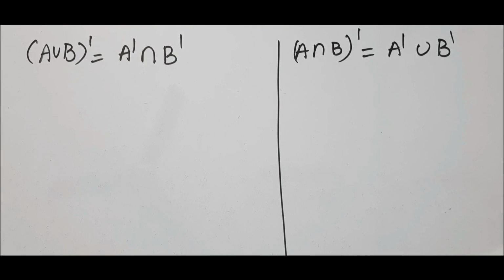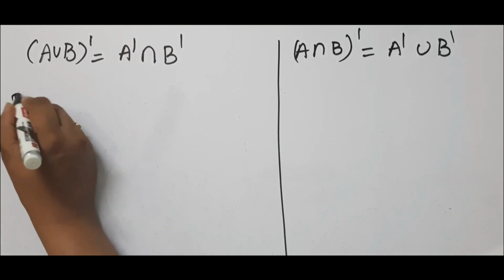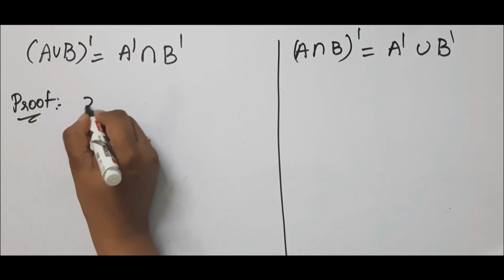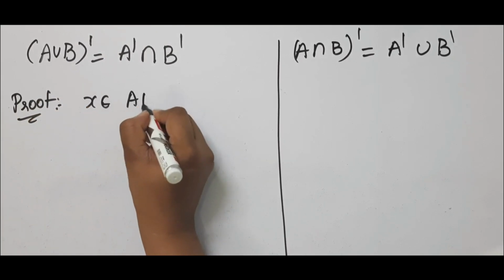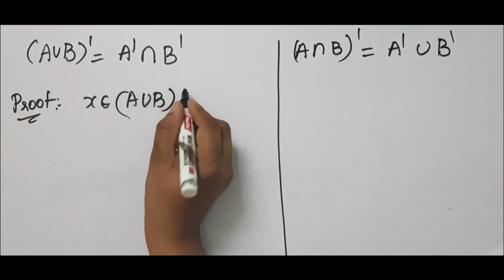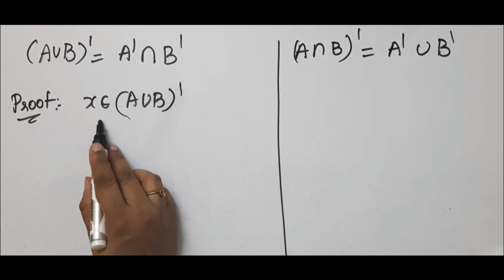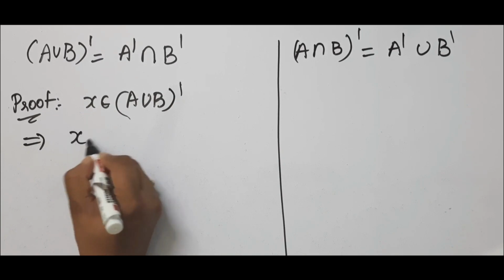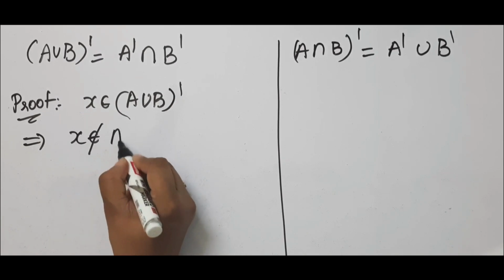Proof. Let us take X as an arbitrary element which belongs to A union B whole complement. So when we are saying that X belongs to A union B whole complement, it means it does not belong to A union B. Is it not?